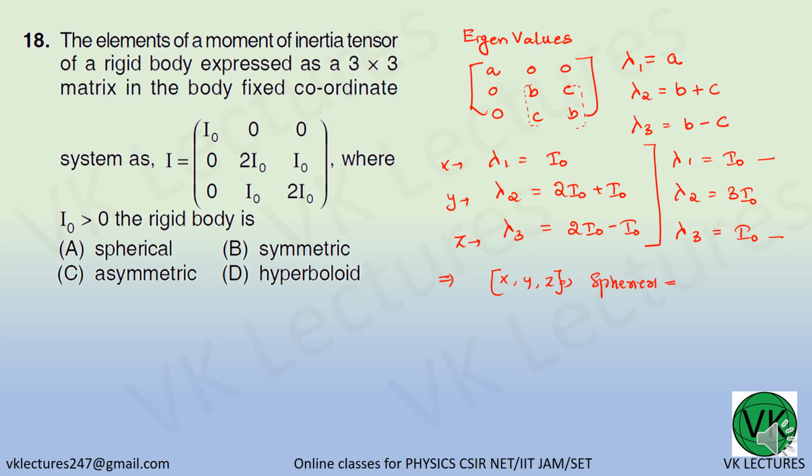But this is symmetric with respect to the y axis, which means the x and z axes will be the same. So the material will be some kind of a block, where the moment of inertia on the x and z axes is the same. So it's symmetric.